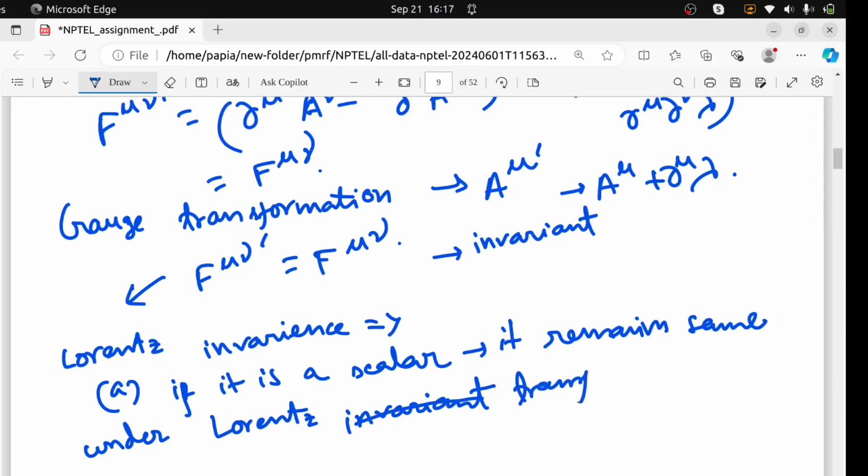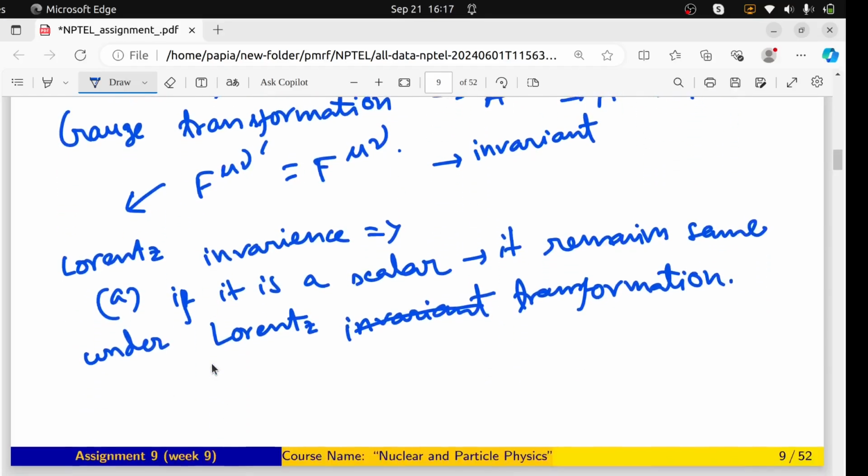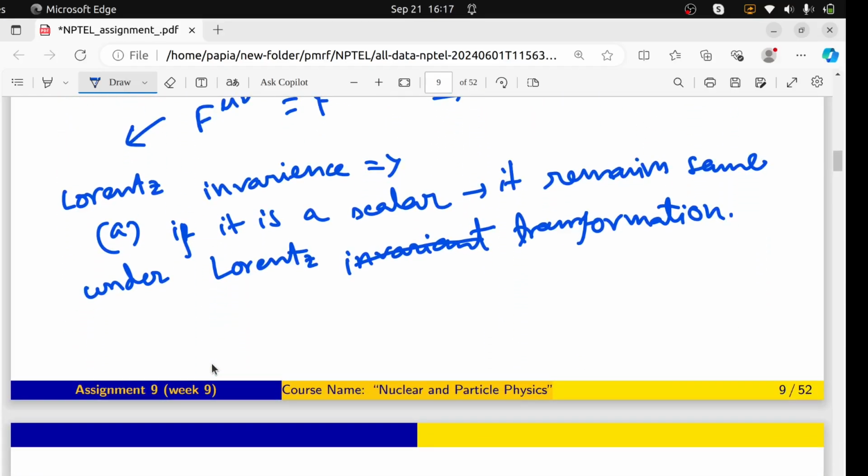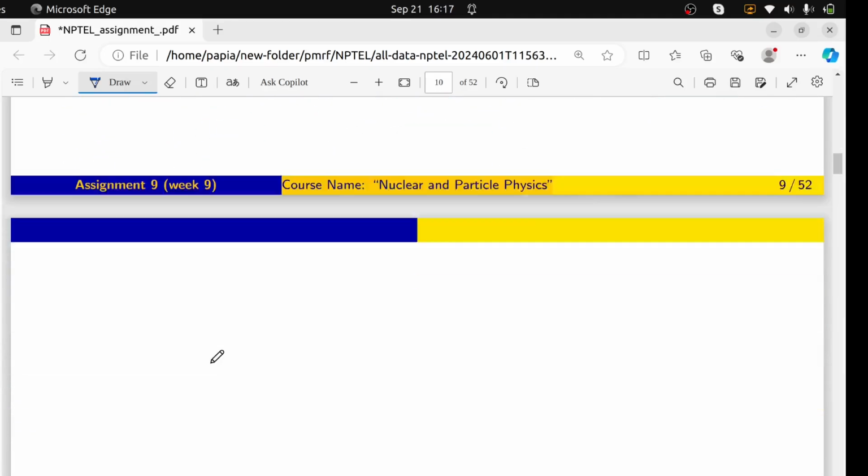So what does this mean? We have to check whether the quantity given here, F_μν, is Lorentz invariant or not. For Lorentz invariance, if it is a scalar term, then obviously it will be Lorentz invariant. But if it is a tensor term, tensor of rank 1 or rank 2, rank 1 means it will be a vector, rank 2 means it will be a tensor. So for these cases, it will not be the Lorentz invariant case.